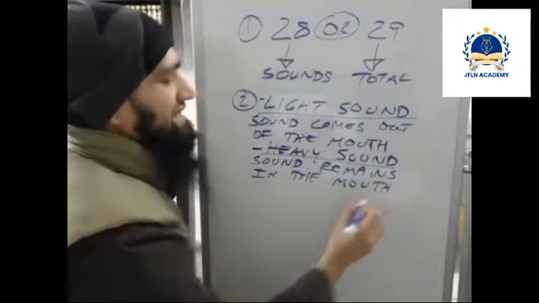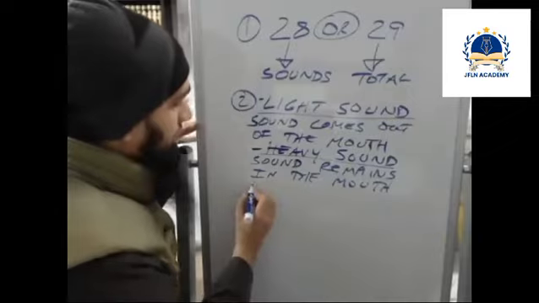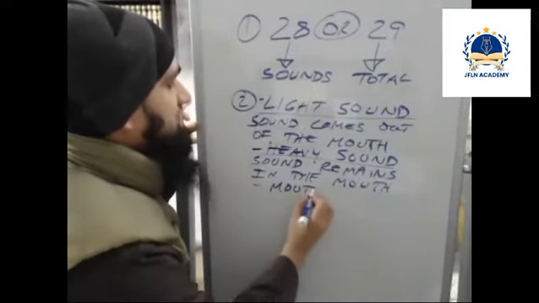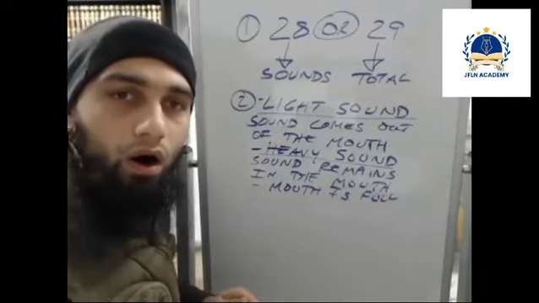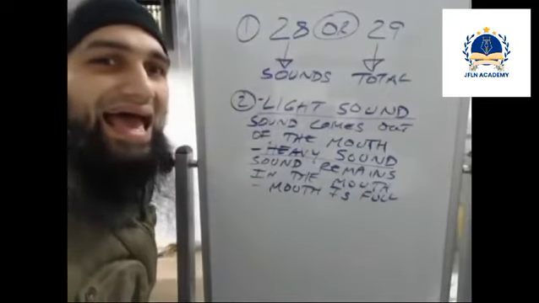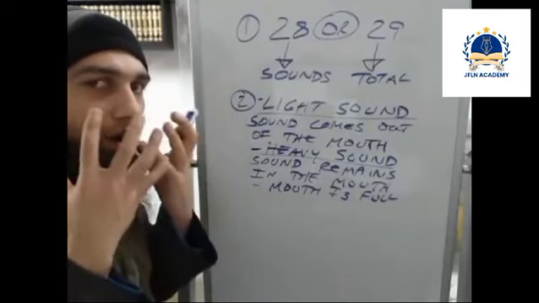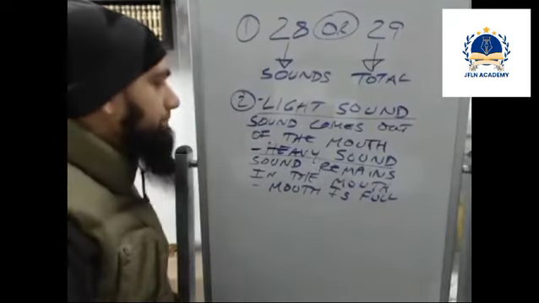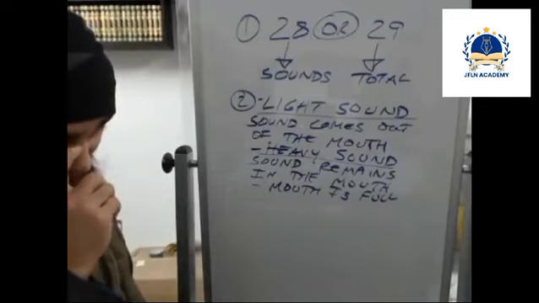The sound remains in the mouth, and the mouth is full, right? Mouth is full of sound. See? Oh, right? As for the light sound, oh, right? So these are light sounds and they are heavy sounds, right?